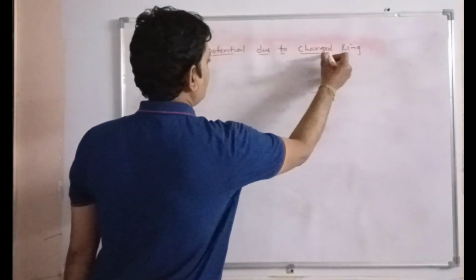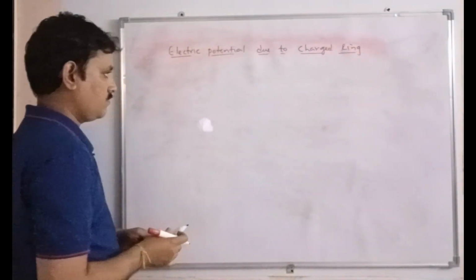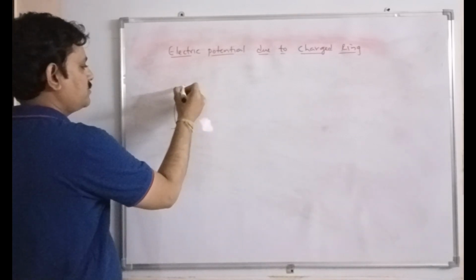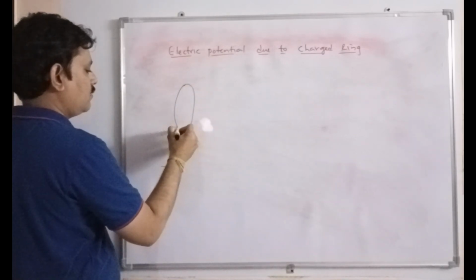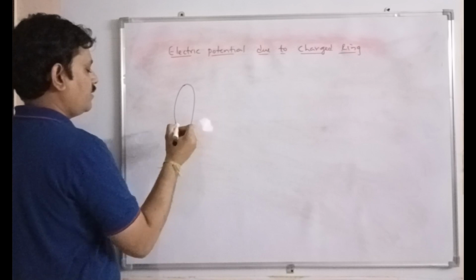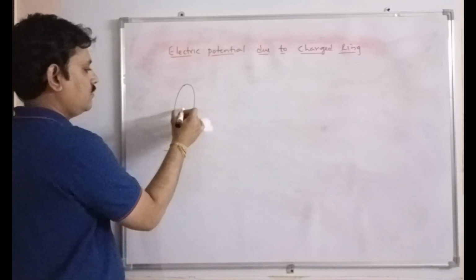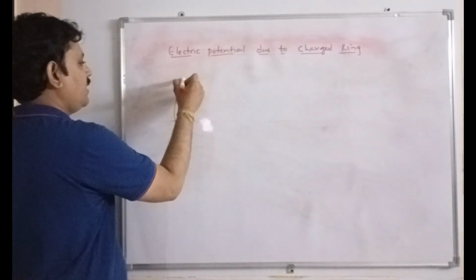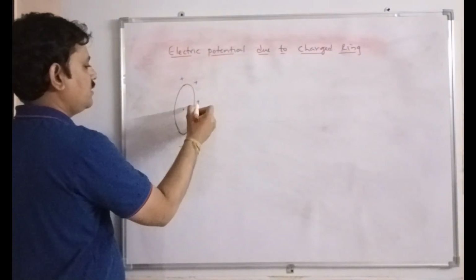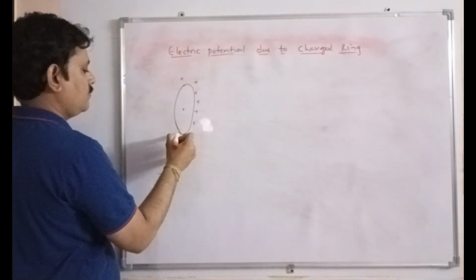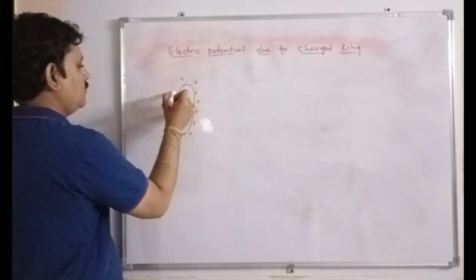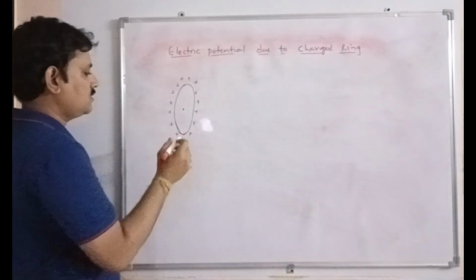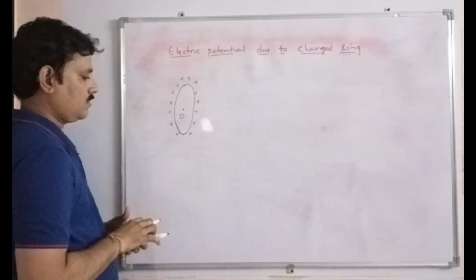The same uniformly charged ring, if you take, then what is the electric potential along its axis at a point x from its center? A charged ring having positive charge, so this is point O.